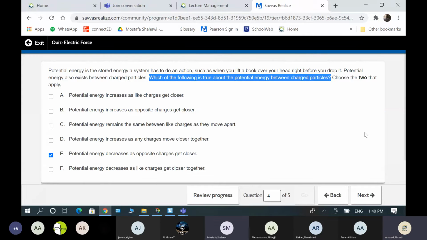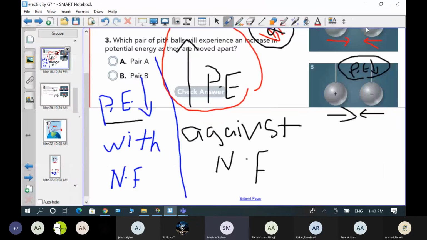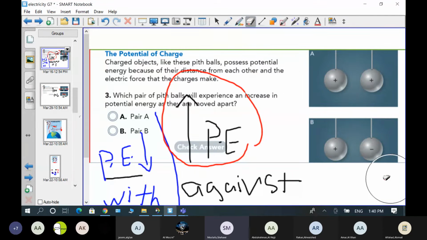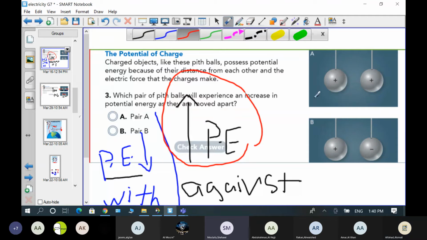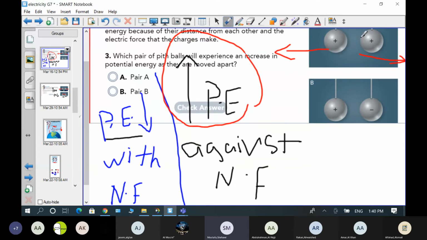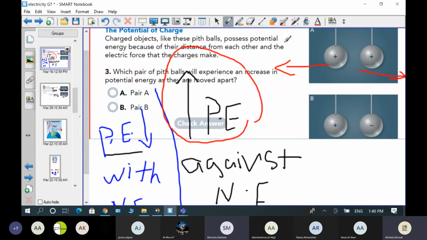C, Mr. Maybe. Potential energy remains the same between like charges as they move apart. No. Same charges move apart, something like this. Let me show it to you. If similar charges move apart, you go with the natural forces; they are repelling each other, and this is your force. It goes with the repulsive force.